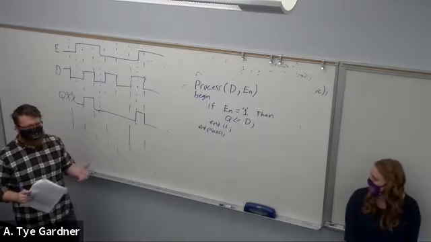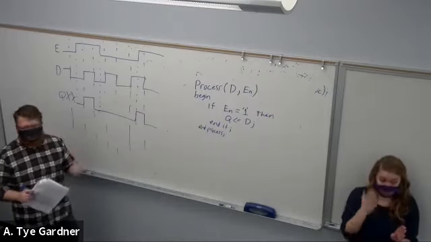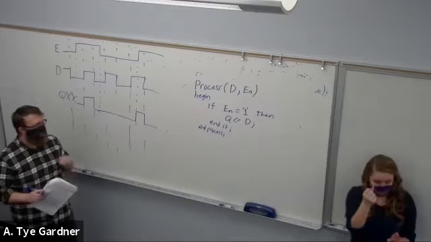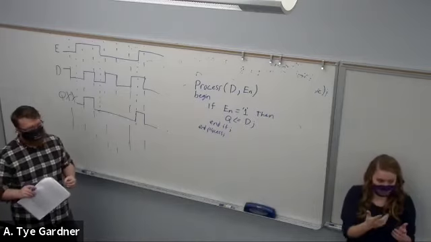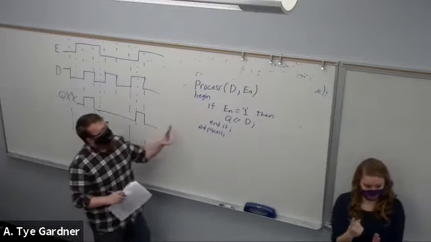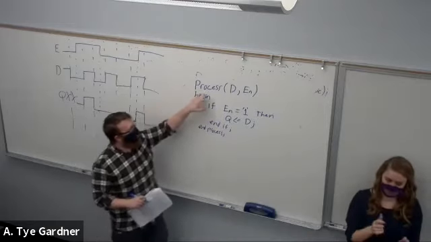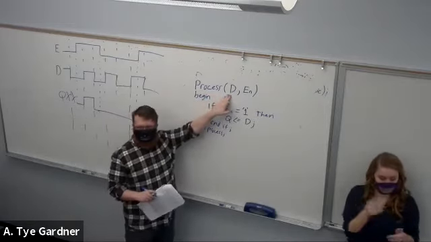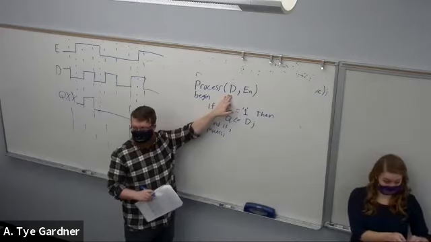The reason it's sequential, and we know it, is it has memory. It remembers what it was before. Now, the way we know that is a little bit more complicated. So if we look at this process, D changes, right?